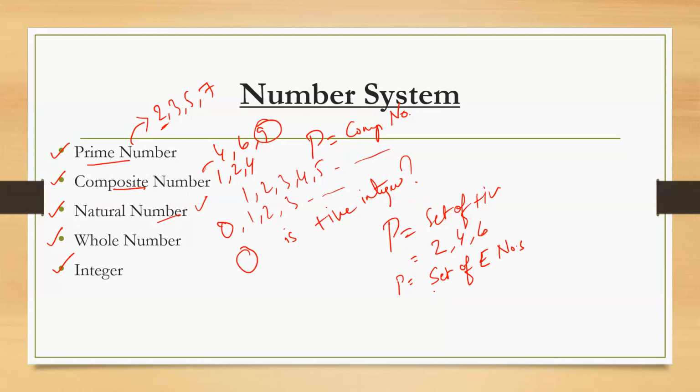Would 0 be included if I say P is a set of even numbers?